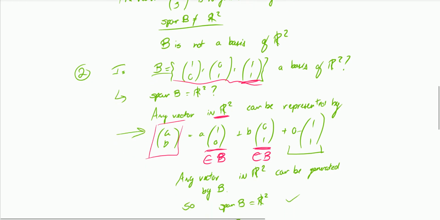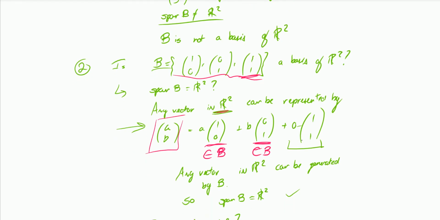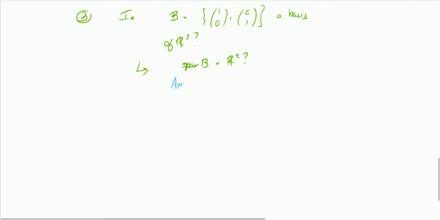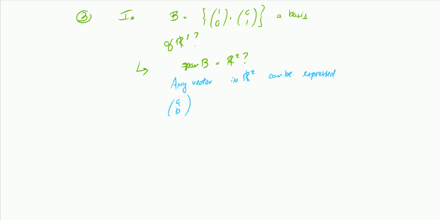Well, remember from here, any vector in R2 can be represented as (a, b). I can actually write (a, b) as a(1, 0) plus b(0, 1).